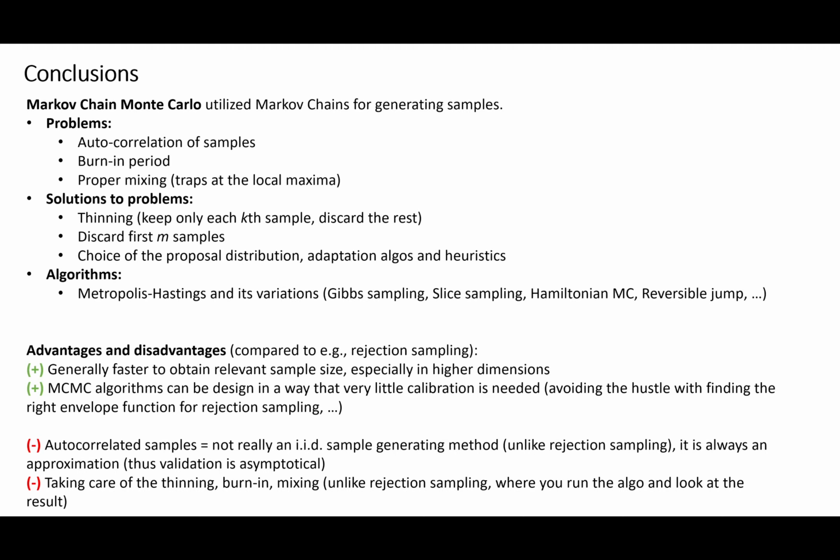It has some disadvantages, of course. This is the autocorrelated samples. You can't really avoid it, but when you do the thinning, you can be very reasonable in practice that it's not such a big problem. But the samples are not really IID, so this is one drawback compared to rejection sampling.